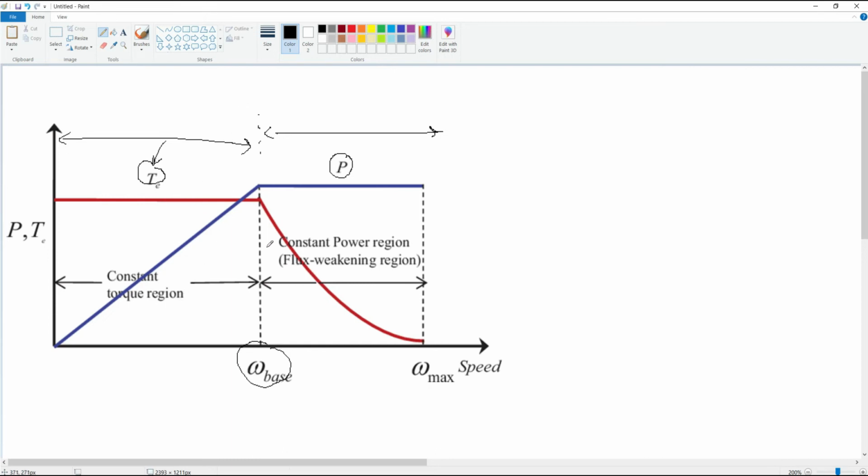And at this point, if you notice, the value of power, torque and base speed can be related. So peak power, I'll call it P_P, is equals to peak torque times W base.